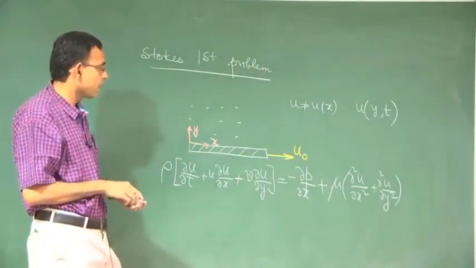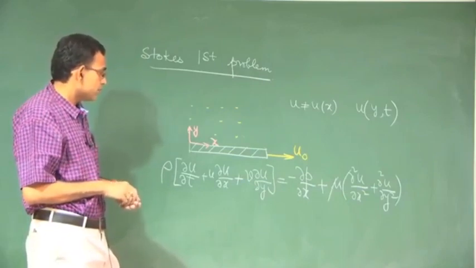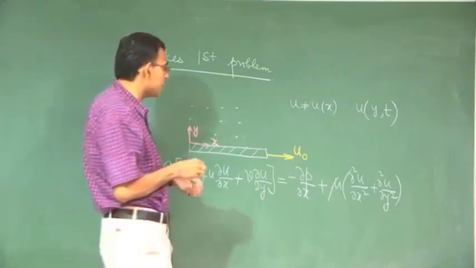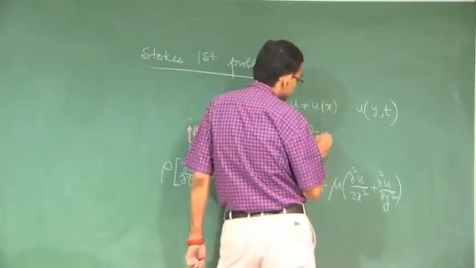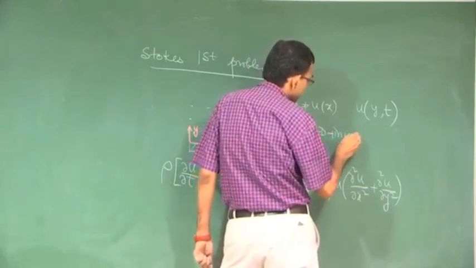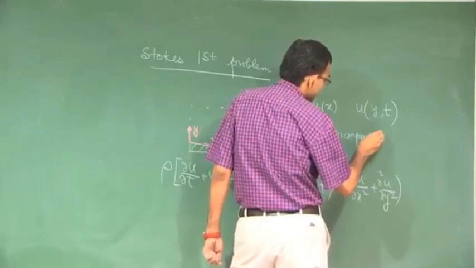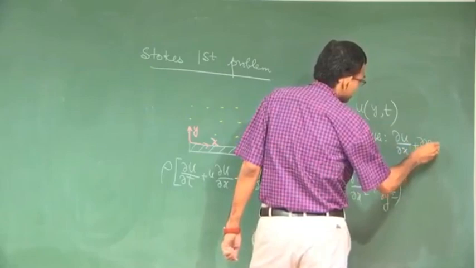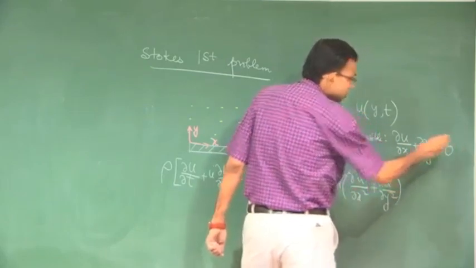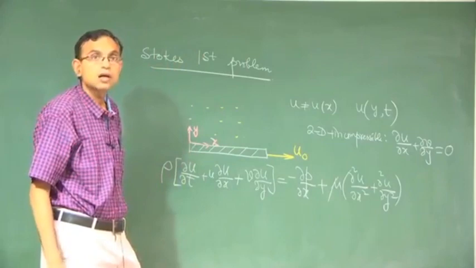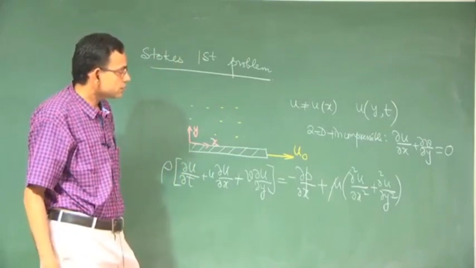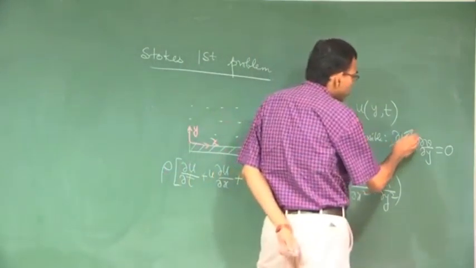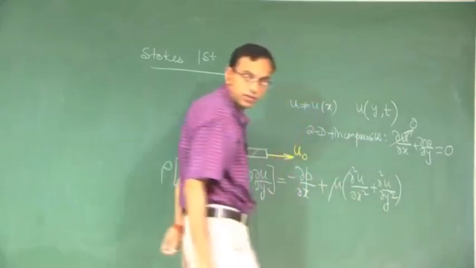First of all, if you assume 2-dimensional incompressible flow, out of this, this is 0 due to translational invariance, therefore V is not a function of y.